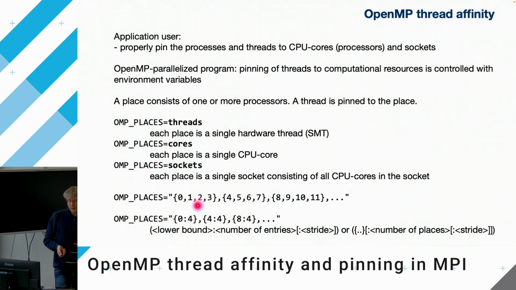Or you can very precisely define these groups. For example, here CPU cores 0, 1, 2, 3 are the first place, and 4, 5, 6, 7 are the second place. There's also a shorthand notation for that. So this is how we define the groups that we have for the pinning.